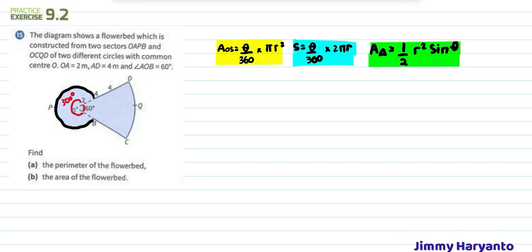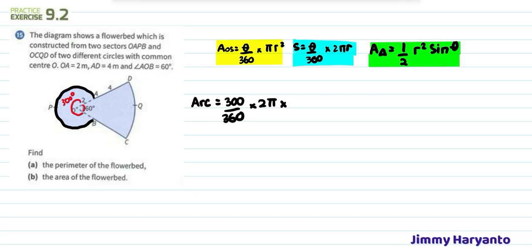Let's find the arc length of that one first. Arc length equals theta over 360, the theta itself is 300, times 2 pi r. The radius is 2. That means this one will be 10.4720.